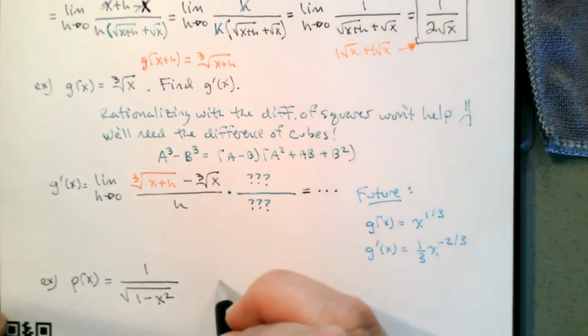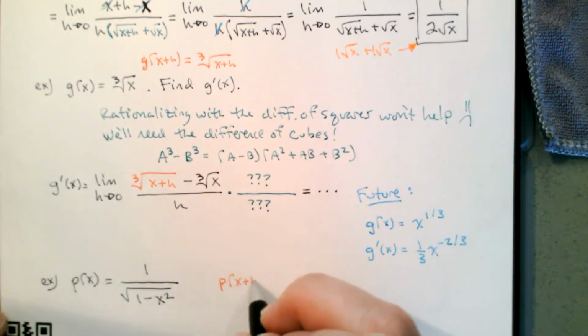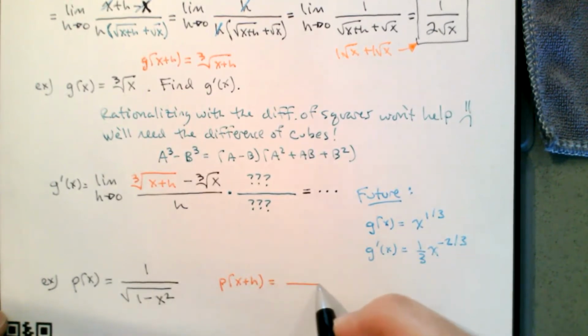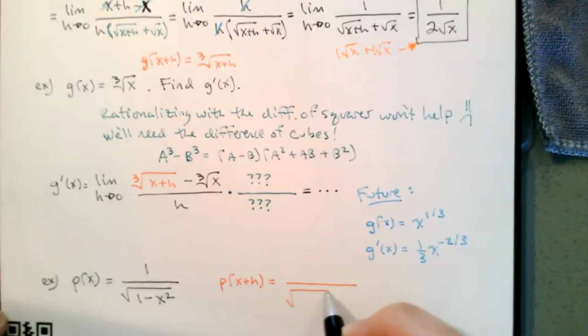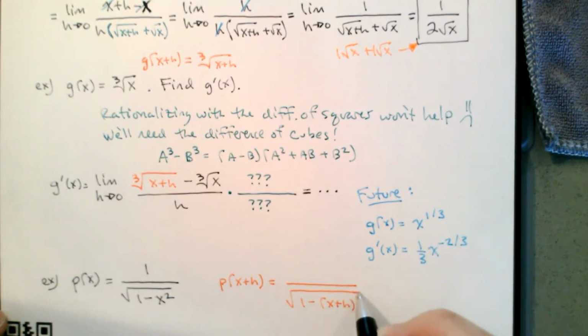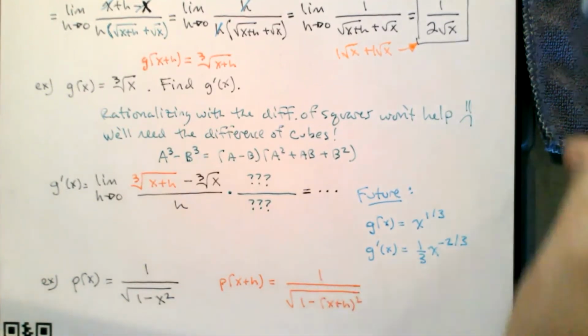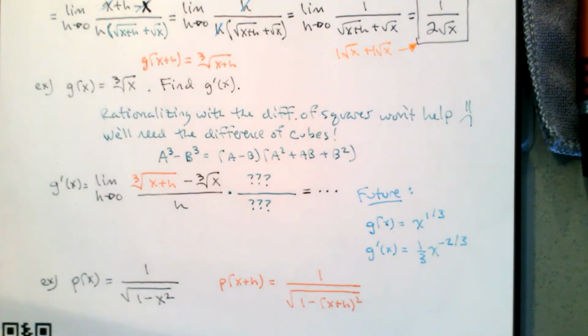I would need to write down what p of x plus h looks like. So I'm just going to replace x with x plus h. So my difference quotient will have p of x plus h minus p of x all over h. Our goal is to still cancel out the h. We have denominators. We know how to fix that by getting a common denominator. We also have radicals. We know how to fix that by rationalizing.